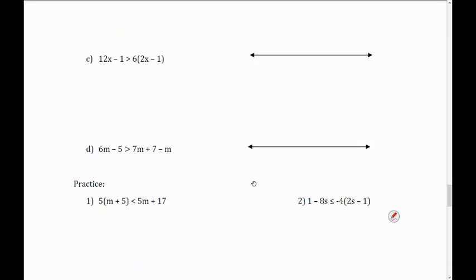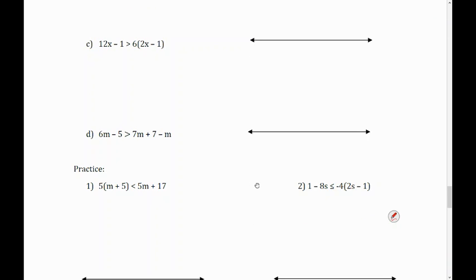We have 12x minus 1, which is greater than 6 times the quantity of 2x minus 1. We want to distribute the 6. All right, so we again don't have like terms, so we want to move the 12x. We notice that they're the same. -1 drops down, which is greater than -6, and we ask ourselves, is it true or is it false?